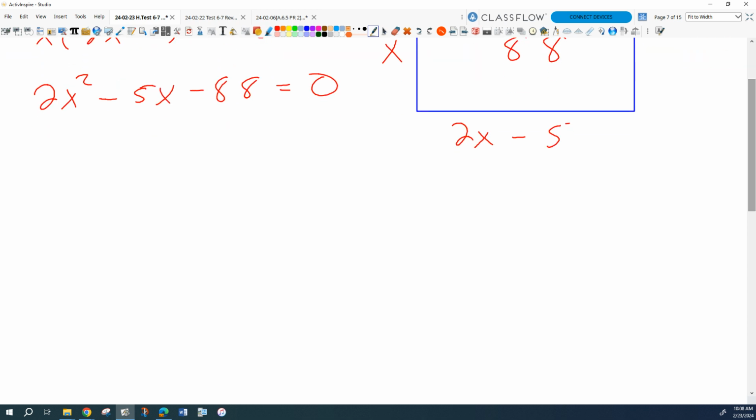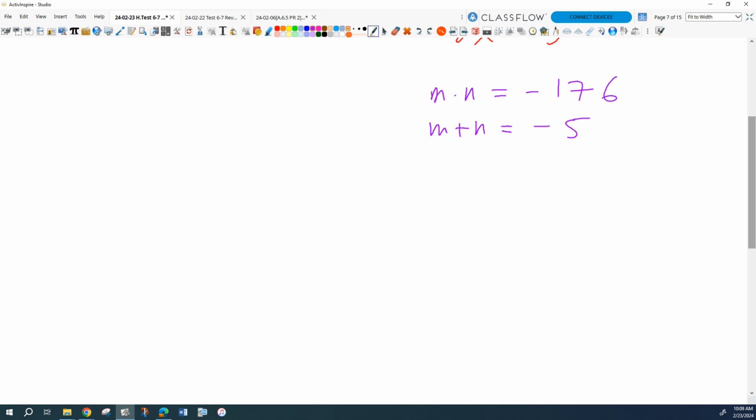So we've got to find, let's practice this again. What do my magic numbers have to add to or multiply to? 176. That's it, negative 176. And they have to add to what? Those numbers might be hard to find, so making a table here is of some use.